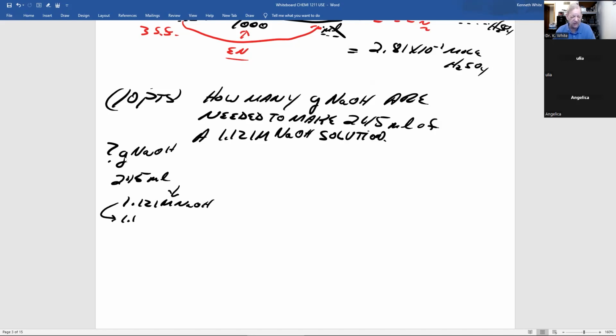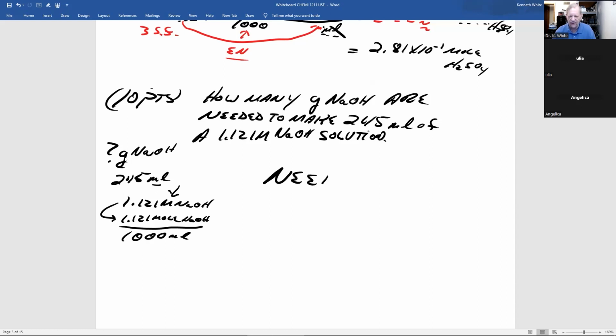What it really means is there's 1.121 moles sodium hydroxide, NaOH, per 1,000 milliliters. All right, now, there's no way you can go from milliliters to grams in one step.